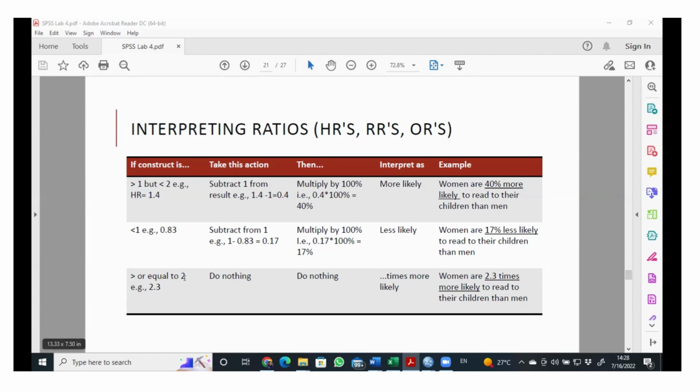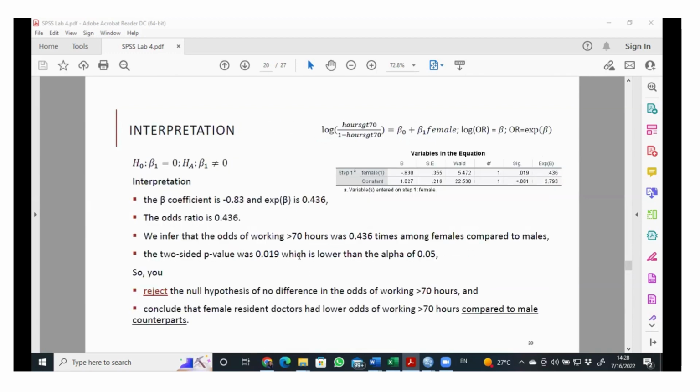This is the basic way of interpreting all, but to make it more interpretable, you can use percentages. If you recall the previous slide, we did not use percentage, even though it was less, and that's how I said 0.436 times among female compared to males. But in everyday language, it makes it a bit difficult for someone who is lay.